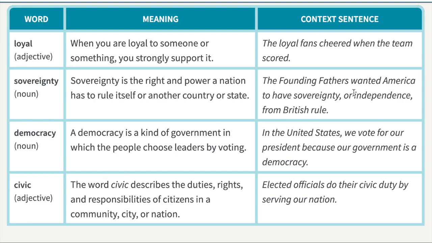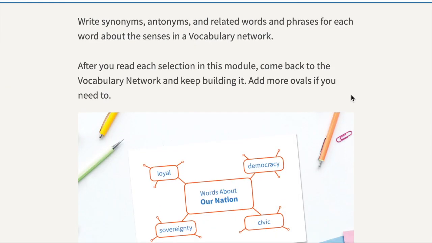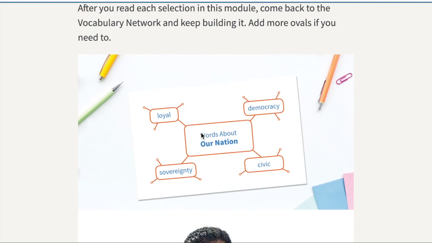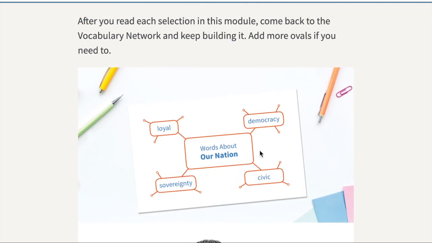For now though, today's assignment is to work on a thinking web with these 4 words. These are important words about our nation, and each of these words is connected because they are connected to our nation. In the jam that you're going to use today, you're going to add sentences, words that mean the same, or even pictures that help you remember what these 4 words mean.